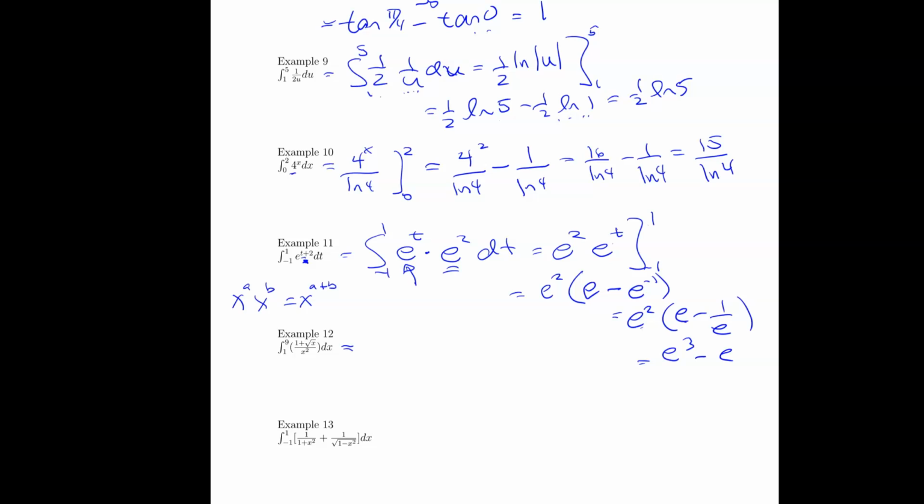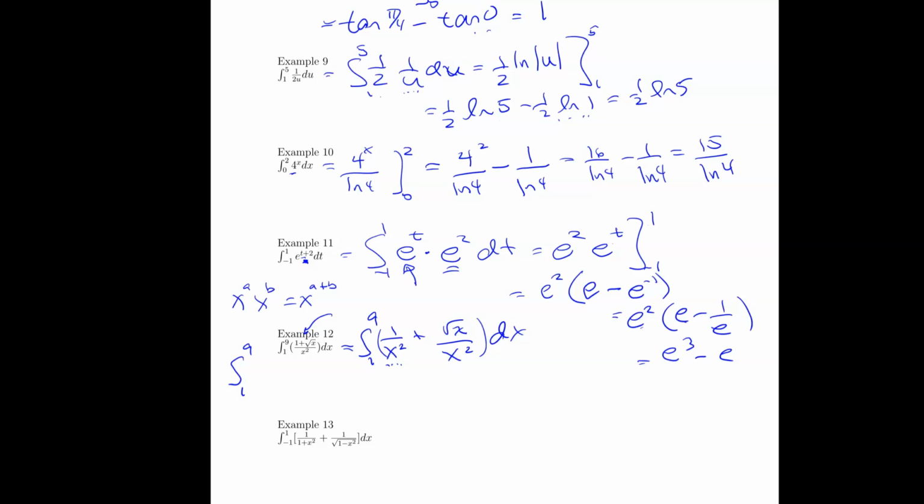All right, this here, I'm going to have to separate it around that addition in the numerator. So the integral from 1 to 9 of 1 over x squared plus root x over x squared dx. Okay, so this is not ln. Remember, the only time you get an ln is if it's exactly 1 over x. So let's take the time to rewrite both of these as x to a power.